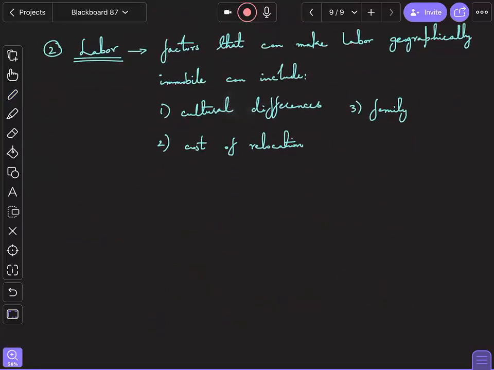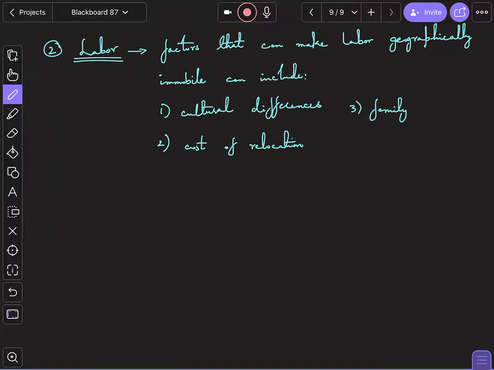Similarly, although labor is occupationally mobile as well, and can switch between different occupations, there are again certain factors that can hinder occupational mobility.